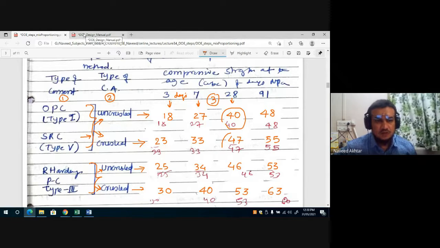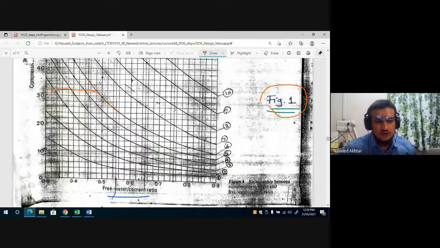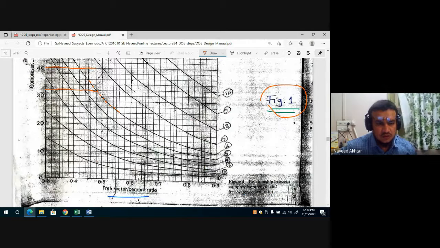We'll come to the graph, here is the 40, and then I will proceed. For the water to cement ratio of 0.5, it is meeting at this junction.